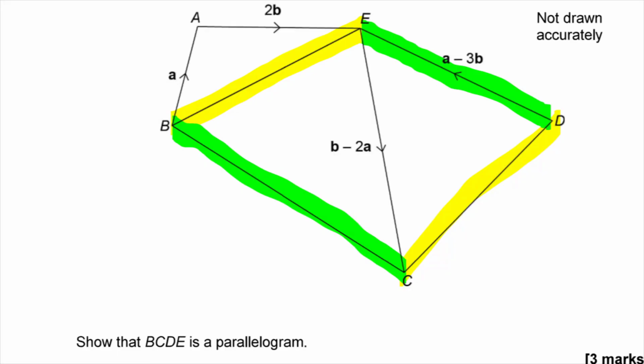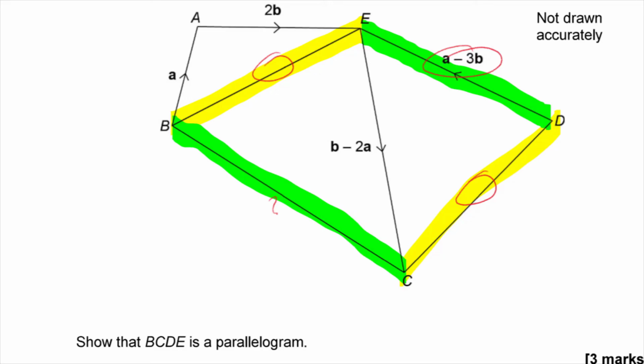So to show that this shape is a parallelogram, all we've got to do is show that this vector here is the same as this one, and whatever the vector is here has got to be the same as this one here. If I can show that those 2 pairs of vectors are equal, then I've shown that it's a parallelogram.